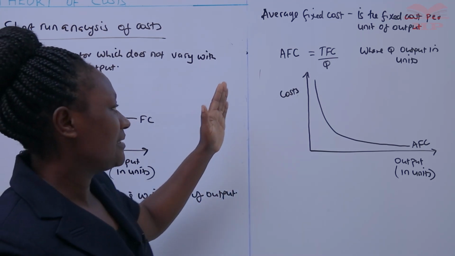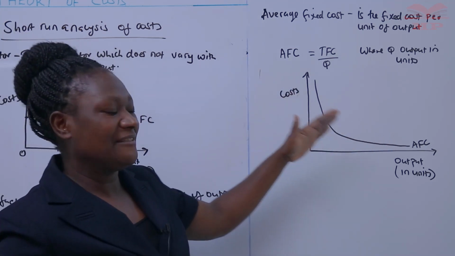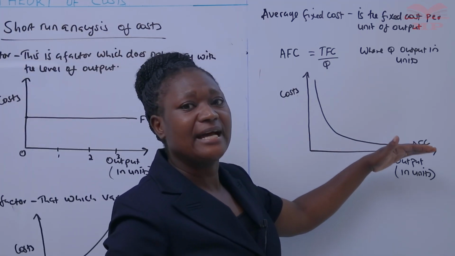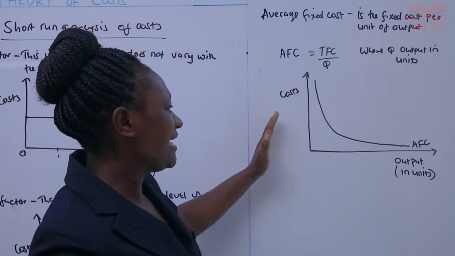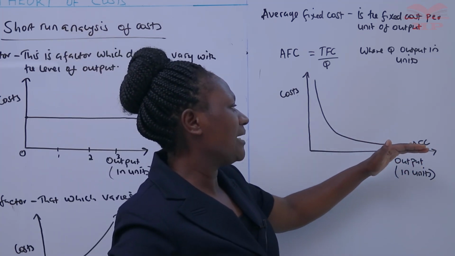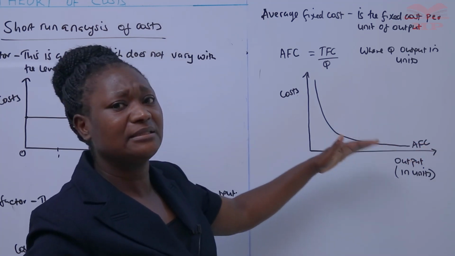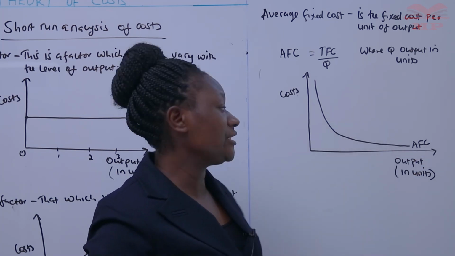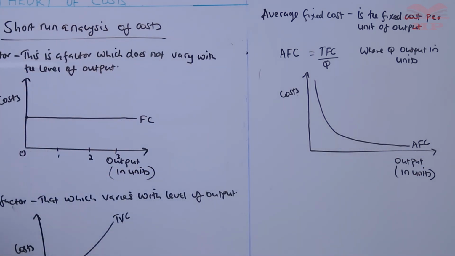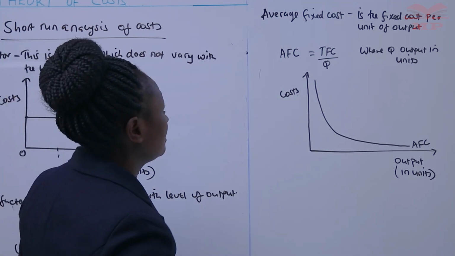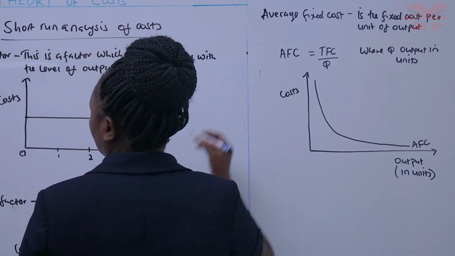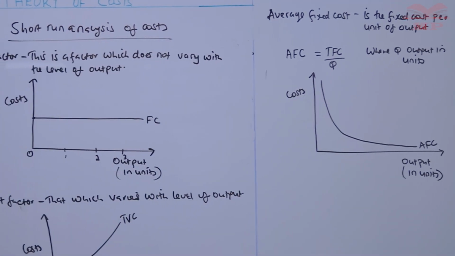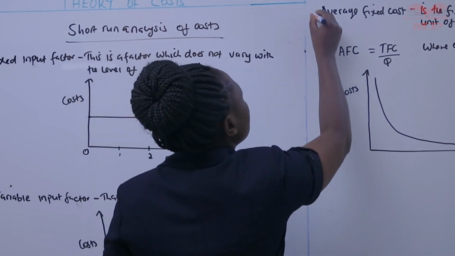This curve is continuously falling, but even as it falls, it is not able to touch or reach both axes. So we say it is asymptotic. Asymptotic simply means that though it is falling and seems to be reaching the x-axis, it can never reach it. That is the average fixed cost, our number 4.